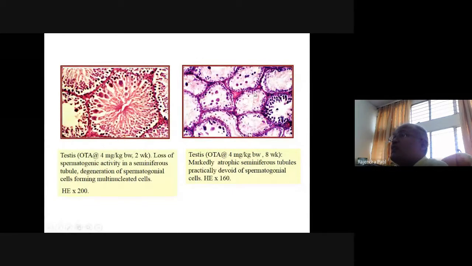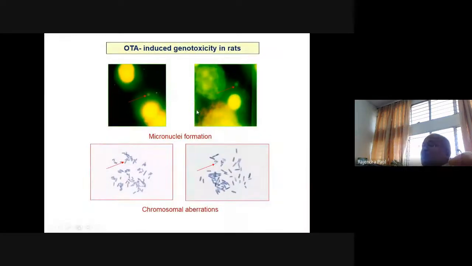But at 8 weeks of exposure, the testes show severe atrophy with cessation of spermatogonial activity, and that is very typical. Even multinucleated cells you can identify in a few tubules, and some tubules show complete cessation of spermatogonial activity.